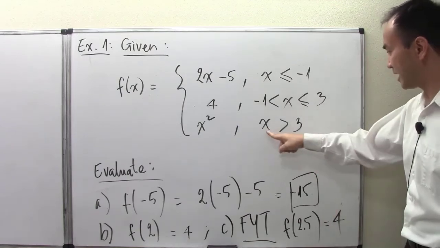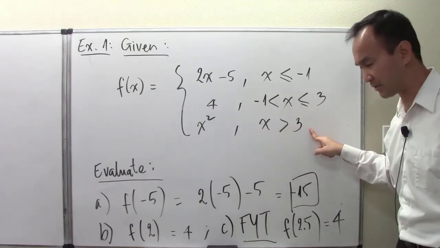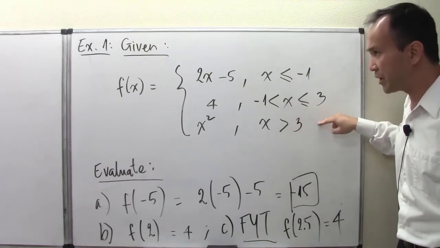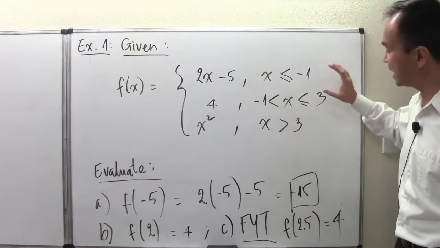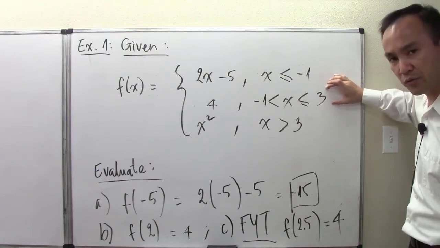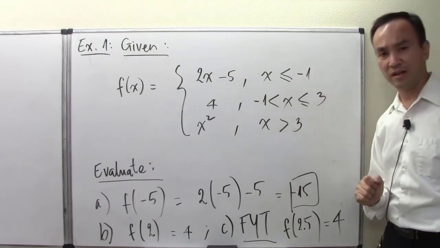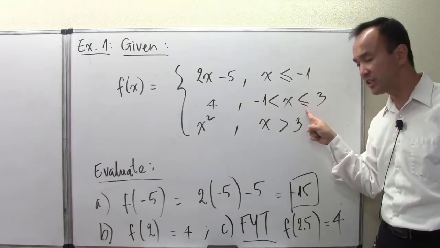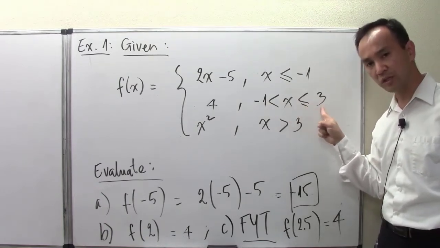So now x is greater than 3. I should have caught that typo from earlier. So 3 is not included in this zone. In other words, 3 is included right here. And as a matter of fact, this inequality reads x can equal 3 right there.